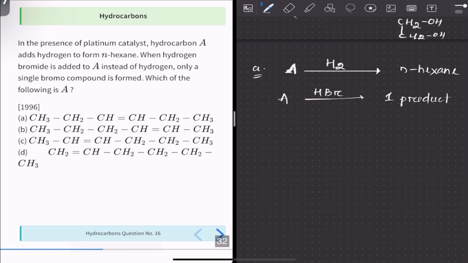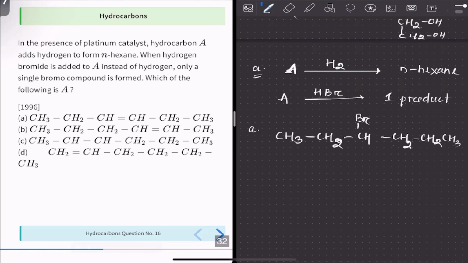Let's go one by one. Option A will produce n-hexane. Then add HBr to it. That will produce CH3CH2CHBrCH2CH2CH3.